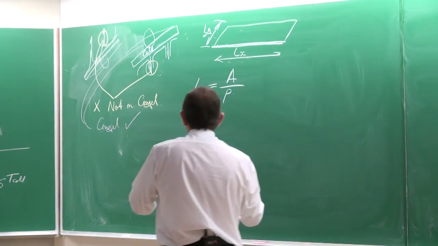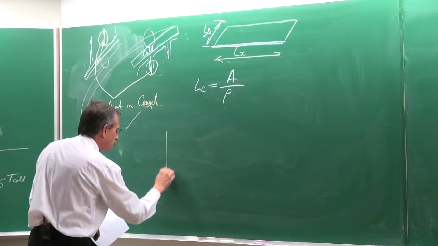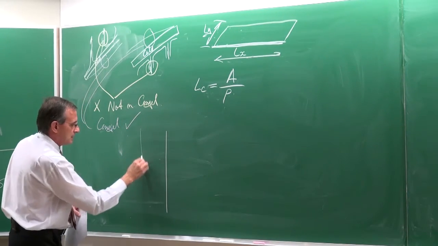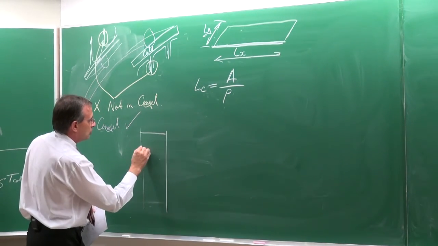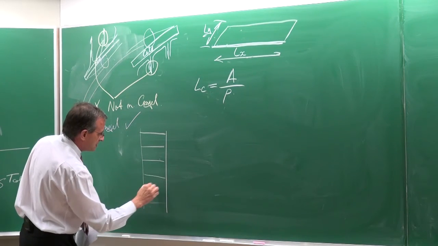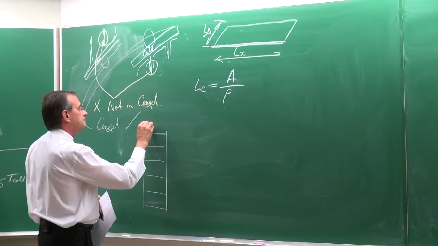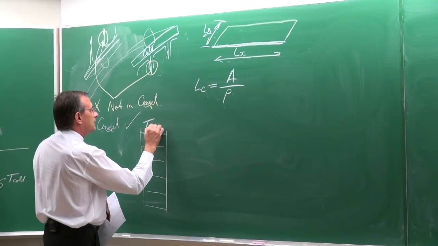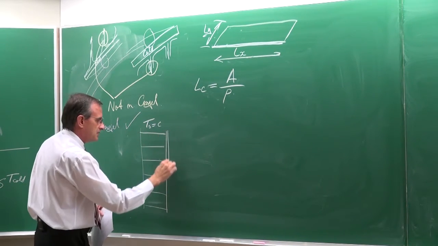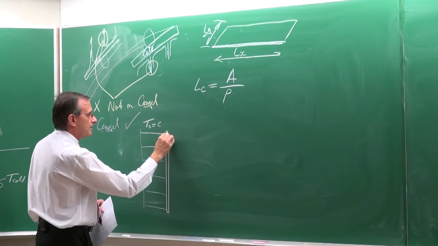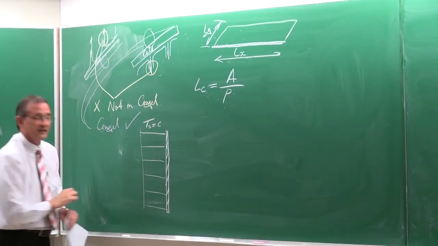So for example, the case with a constant wall temperature. If we look at the temperatures all over the plate, that would be a constant. Okay, so there's the plate, like that.